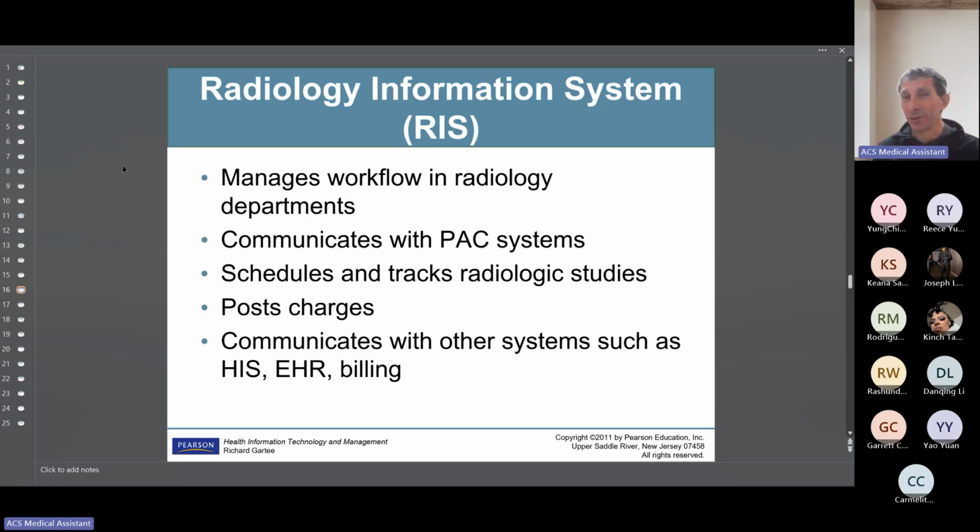Because each of these procedures has a different cost. An X-ray is not the same price as an MRI or a CAT scan or a sonogram or a mammogram. So all these tests have different billing codes because they're going to bill different values.